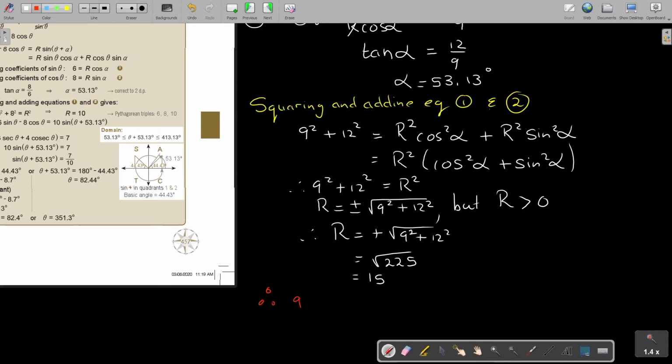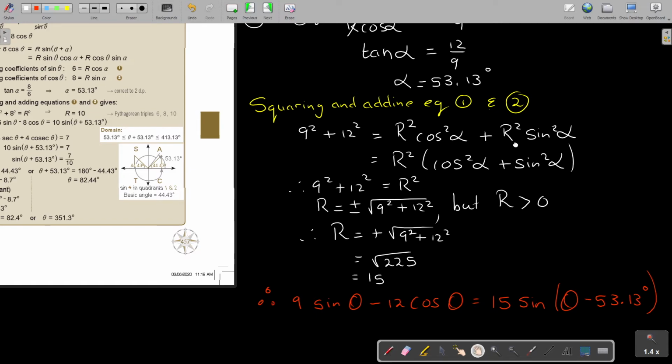So therefore 9 sin theta minus 12 cos theta is equal to 15 sin theta minus 53.13 degrees.